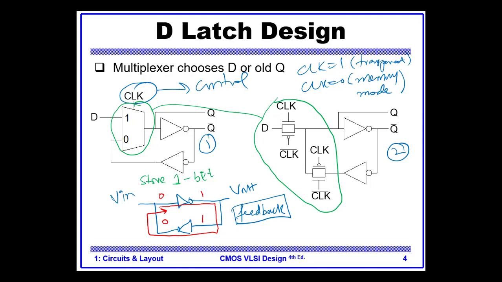And this circuit we have studied in the previous lecture, how it is a multiplexer circuit with transmission gates. So this is just the multiplexer circuit and the feedback. So this is our D latch.